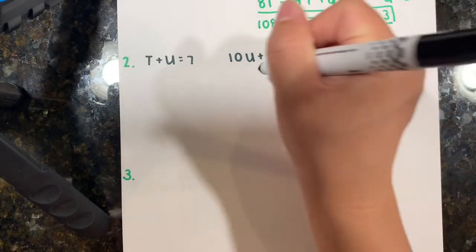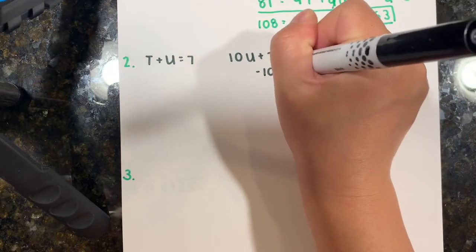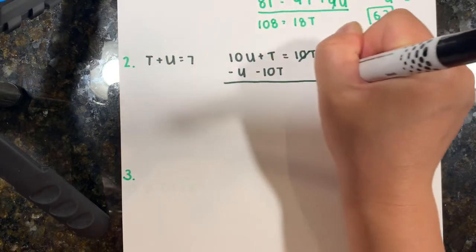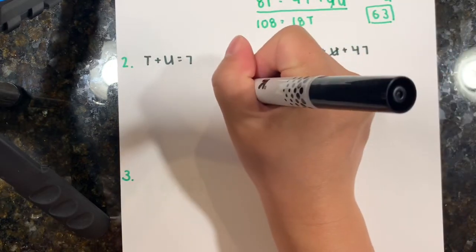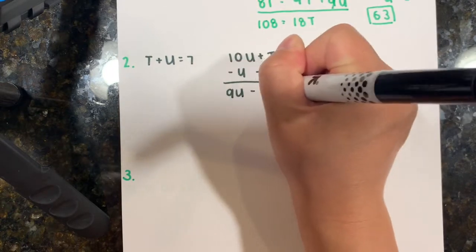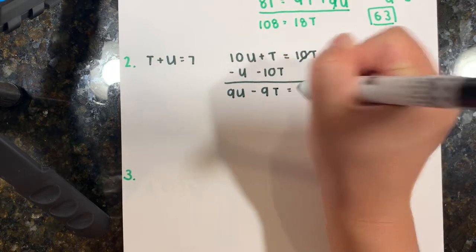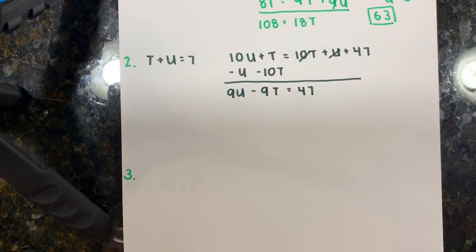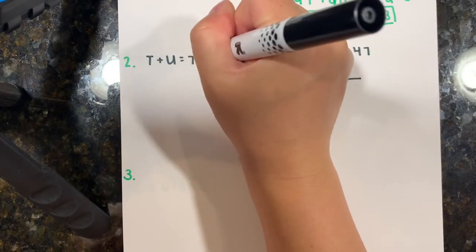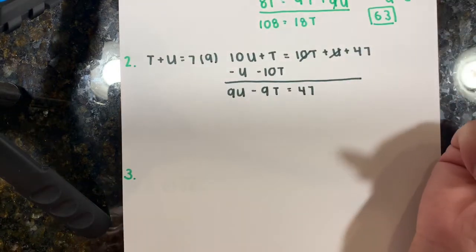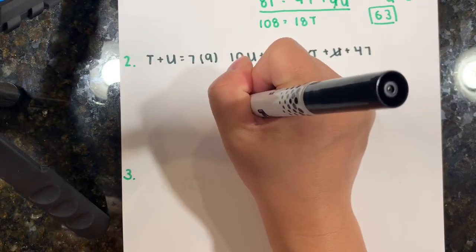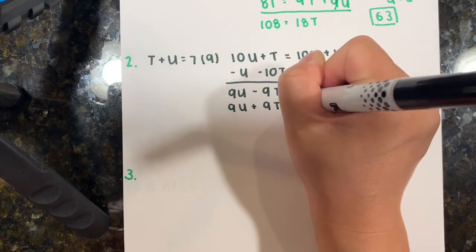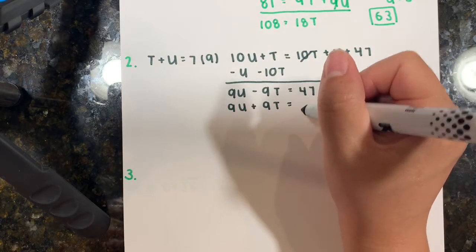Now I'm going to bring the 10t to the left, bring the u to the left, and I end up with 9u minus 9t is equal to 45. I'm going to do elimination again, so I'm going to multiply this equation by 9, and that would give you 9u plus 9t is equal to 63.